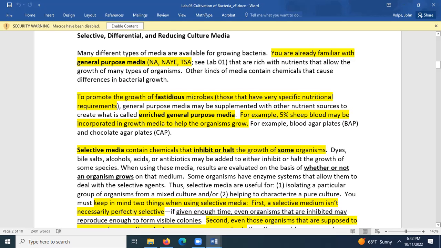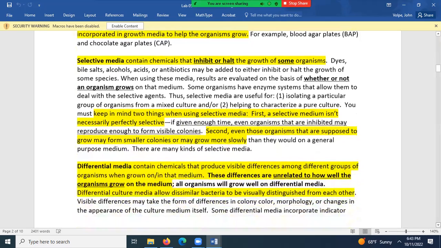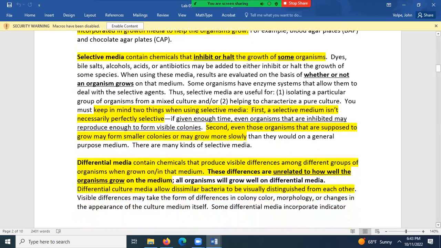All right, so besides general purpose media, we have selective media. Selective media is a media that contains chemicals that inhibit or halt the growth of some organisms, but allow other organisms to grow. You should keep in mind when using selective media that first, the selection isn't necessarily perfect, meaning given enough time, even organisms that are selected against may grow on a selective media.